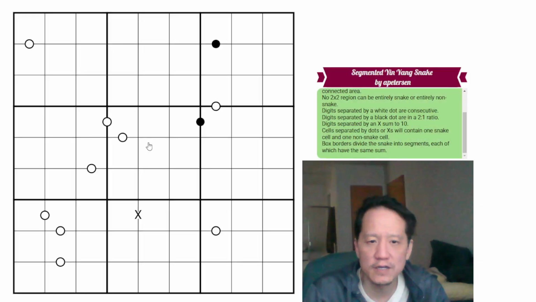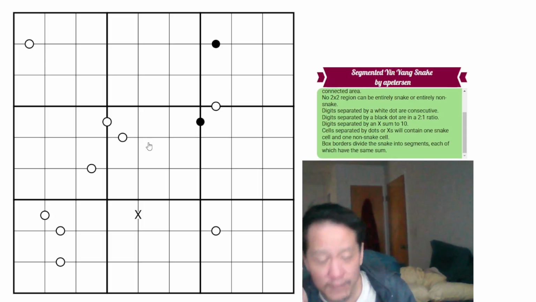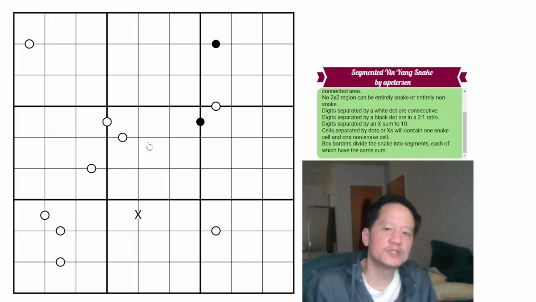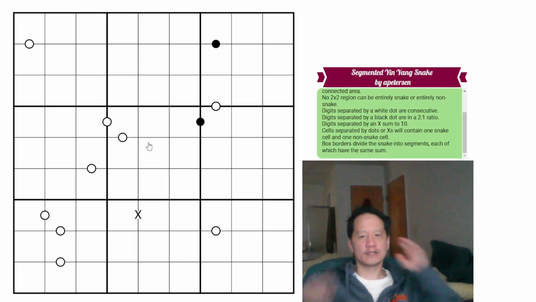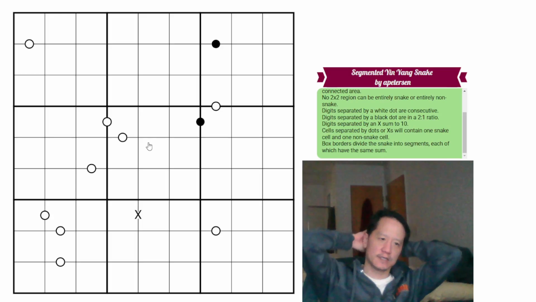Let's go. Okay, so out of every... That's interesting. Cells separated by dots or X's will contain one snake cell and one non-snake cell.